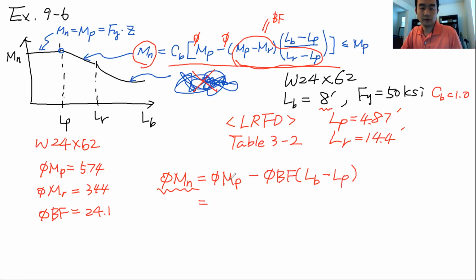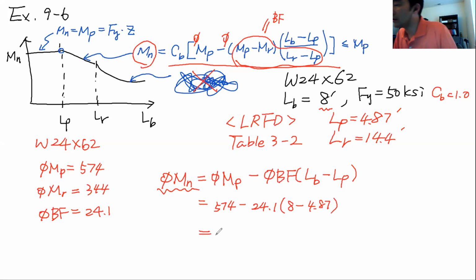Phi times Mp, 574, minus phi times BF, 24.1. We actually don't need this phi times Mr because that's already included in our BF calculation. So this times Lb, which is 8 feet, minus Lp, 4.87.